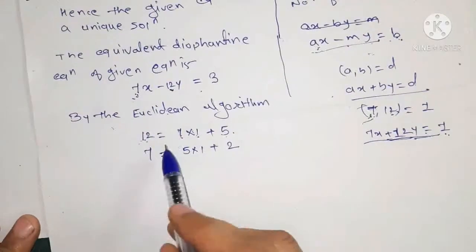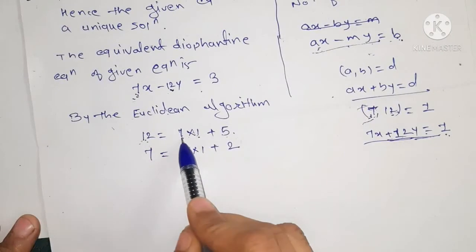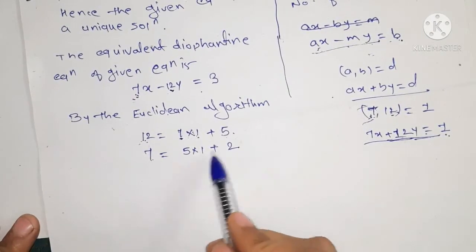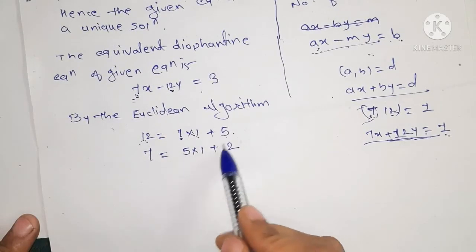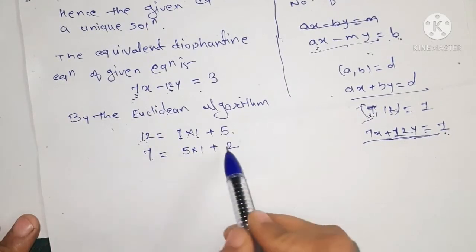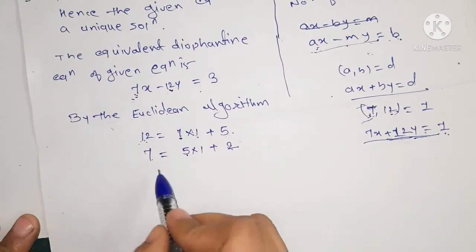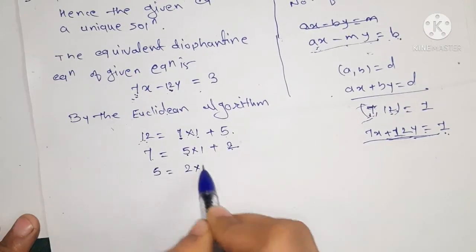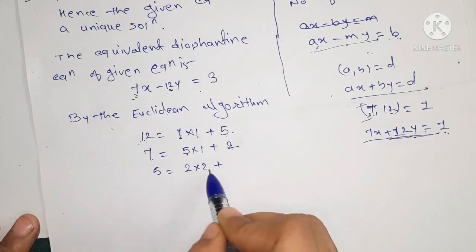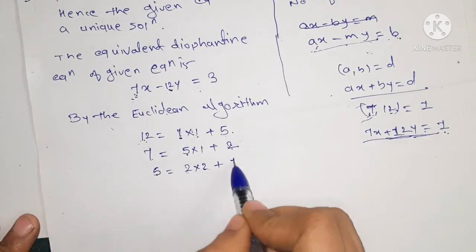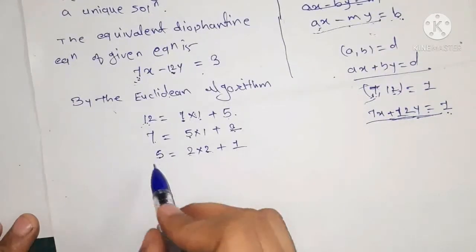The remainder is non-zero, therefore we divide 5 by 2. So 5 is 2 into 2, which is 4, and the remainder is 1.